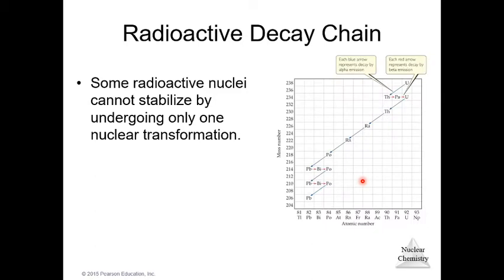Now, a lot of times when an element undergoes radioactive decay, its daughter product is also radioactive. Here's a really good example where we start with uranium, and it goes down to thorium, then radium, then radon. Radon's a gas. Uranium occurs naturally in the soil.